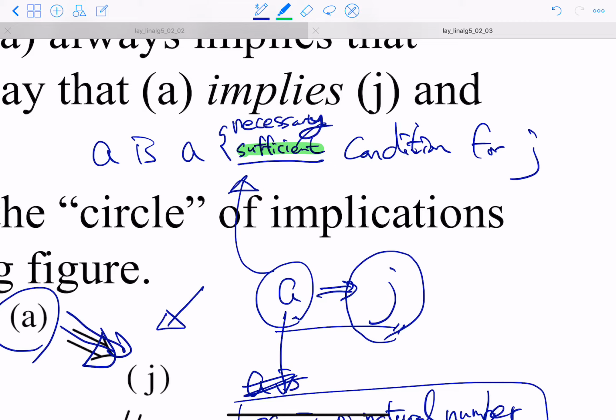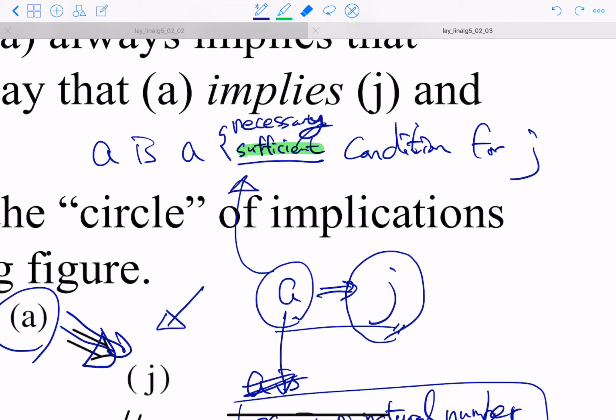So the condition or the statement A is more strict than J. So A is satisfied, and then it always guarantees that J is also satisfied.